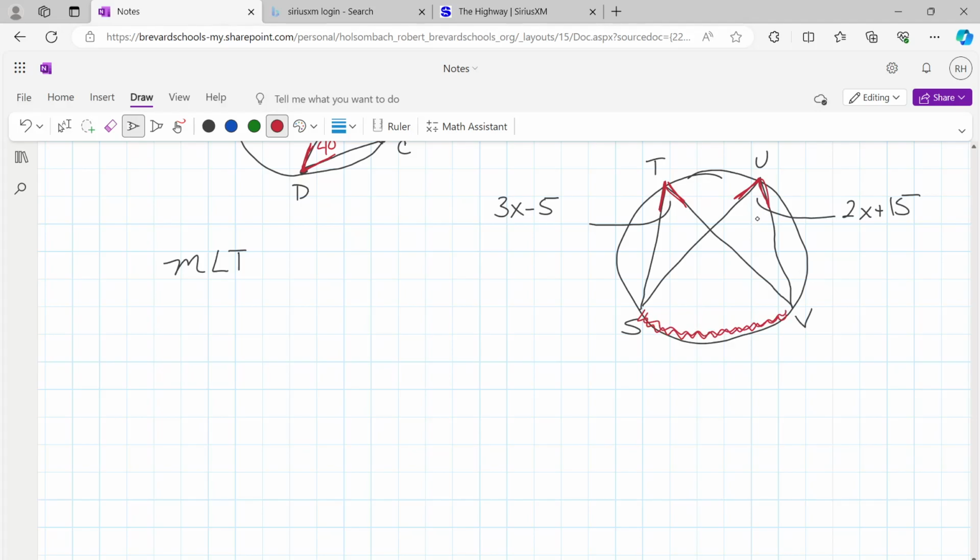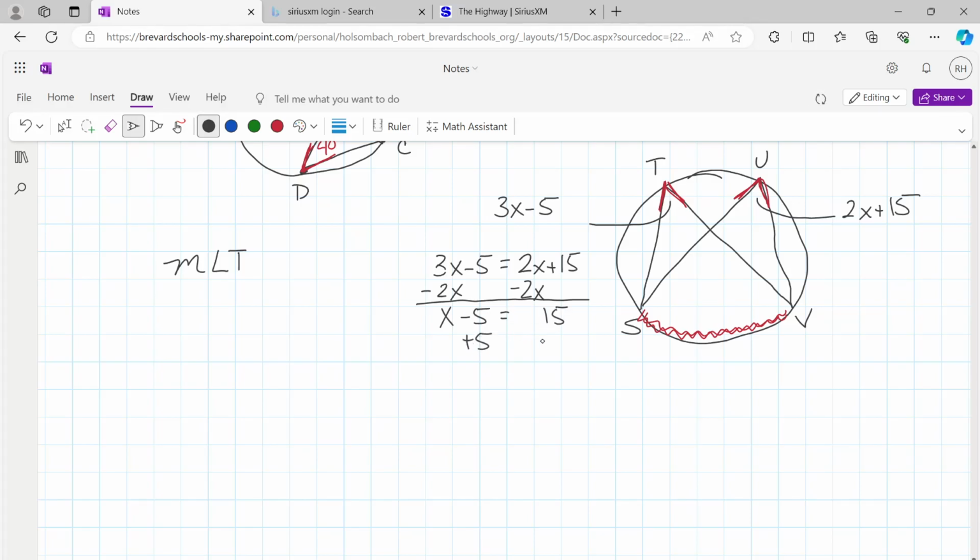So we know that if two angles intercept the same arc, then the angles are equal to each other. So we're just going to set an equation up where 3x minus 5 is equal to 2x plus 15. Subtract 2x from each side. So we get x minus 5 that's equal to 15.